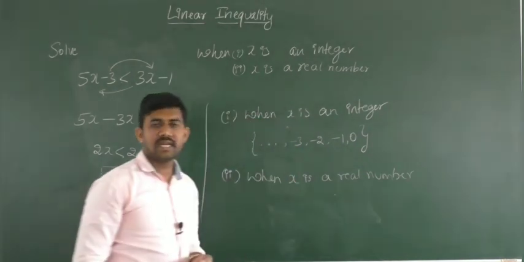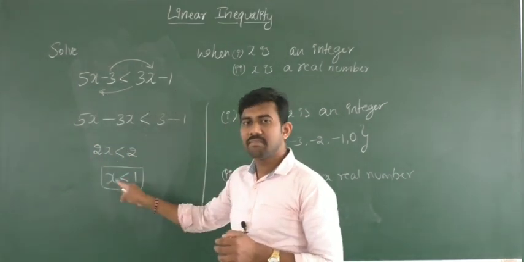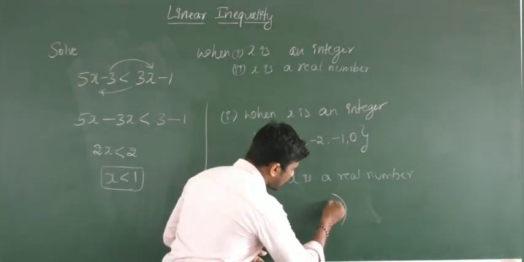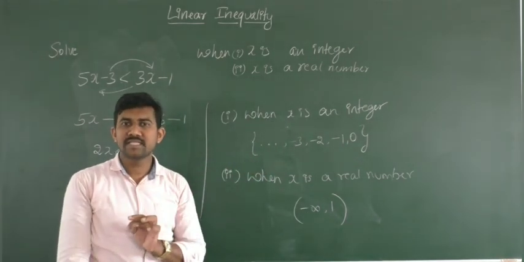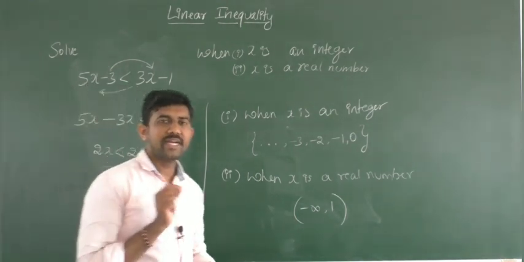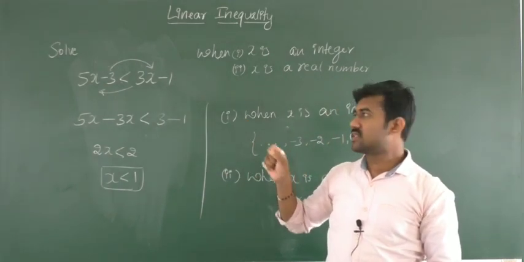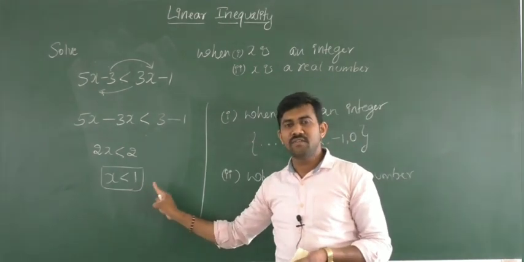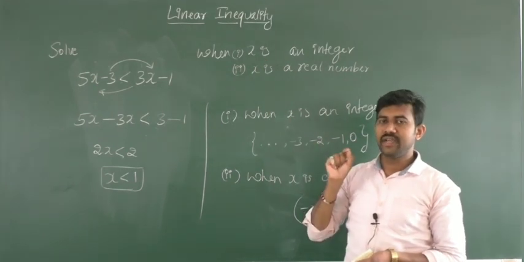Similarly, when x is a real number, the real numbers strictly less than 1 are the open interval minus infinity to 1. Okay, so this is the way we can write the solution set. They will ask such questions for 1 or 2 marks. Remember, after solving for the values of x, we have to write the solution set according to what the question asks.